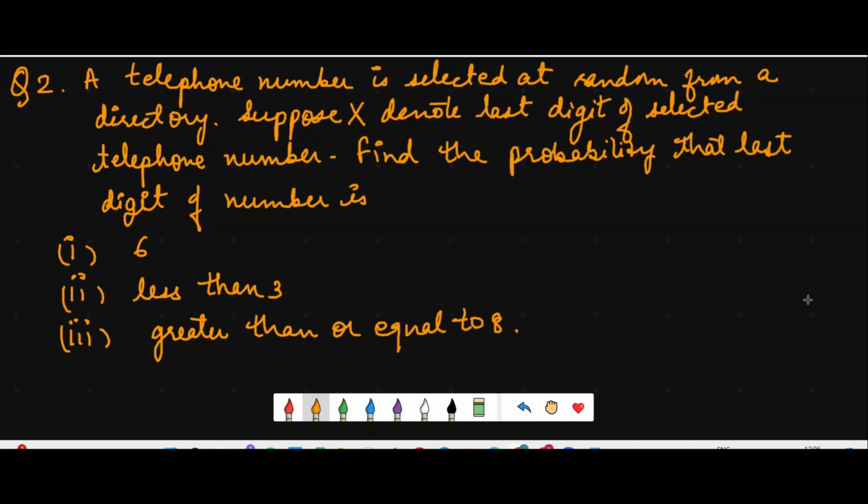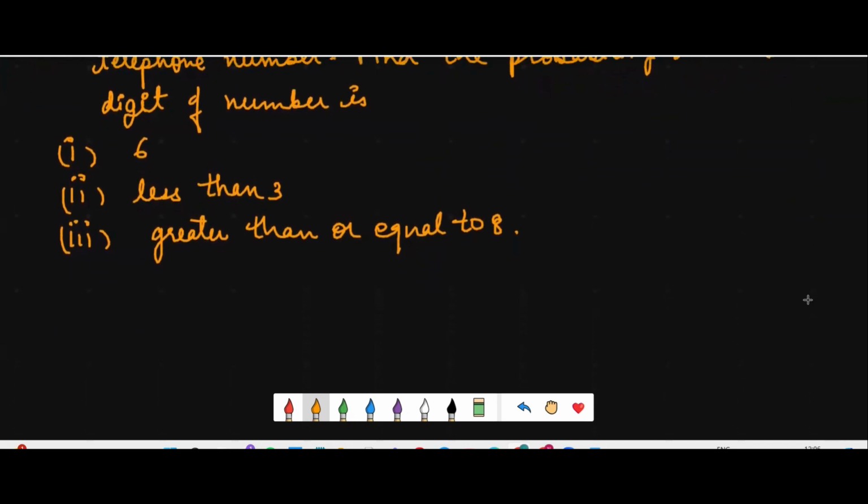So find the probability that the last digit of the number, in the first part, is 6. Second, less than 3. So less than 3, it could be 2 or 1 or 0. Third, greater than or equal to 8. So whenever we are talking about greater than or equal to, that means we are also considering 8 as well as 9. So how to deal with this question?